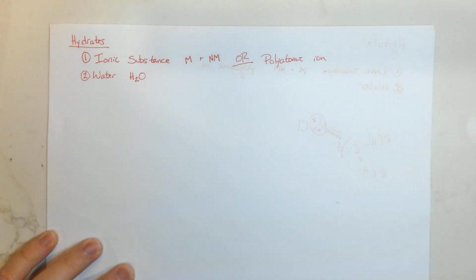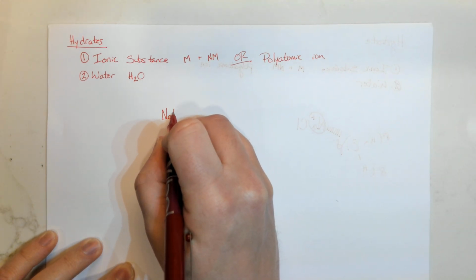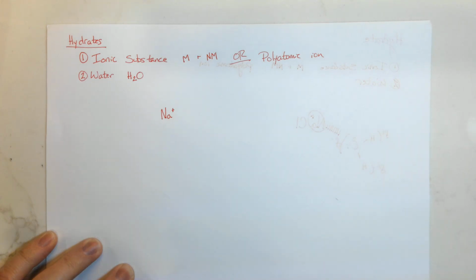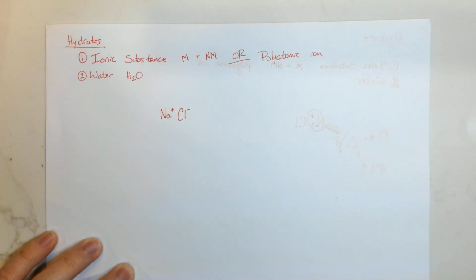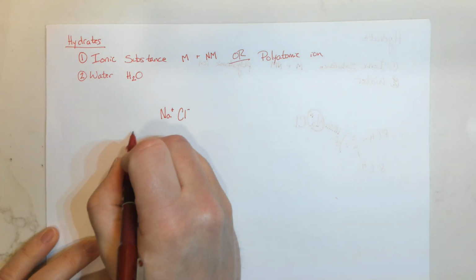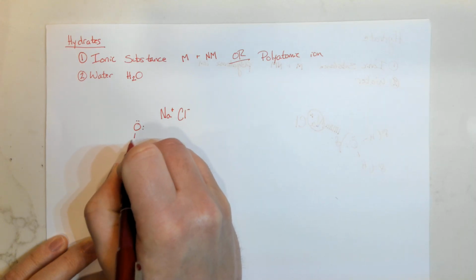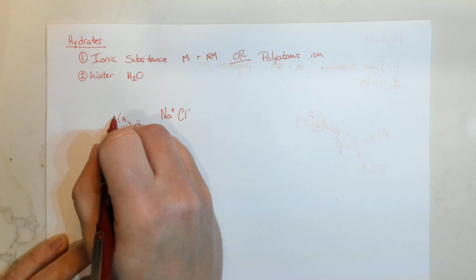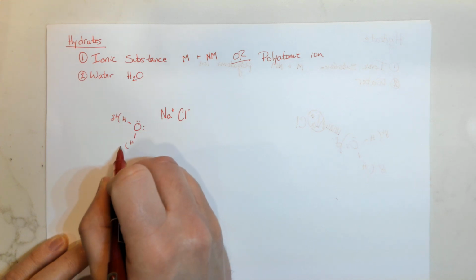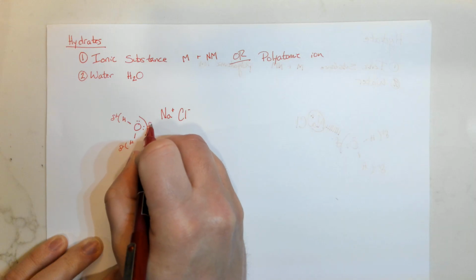And here's what happens. We have a very positive cation ionically bound to a very negative anion. This is our ionic substance, sodium chloride. And we also have water. You'll remember that water is very polar and will form two partially positive locations and one very, very partially negative location.